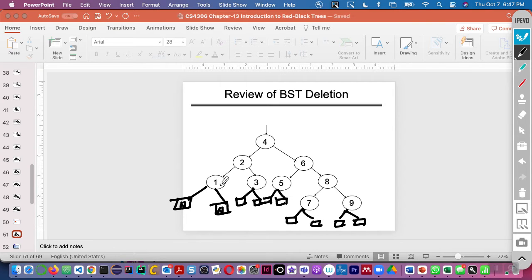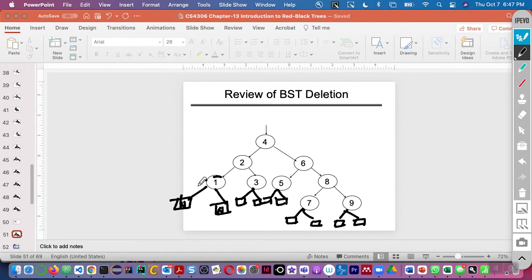For instance, it's easy to delete this leaf level node. If you want to delete 1 or 3, what we do is replace this value. We want to delete the node with value 1. So we start with root and we check that 1 is less than 4, so we come to the left side, and 1 is less than 2, so we come to the left side again, and then we get to this value. And then what do we do?